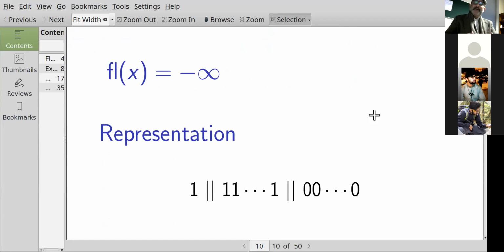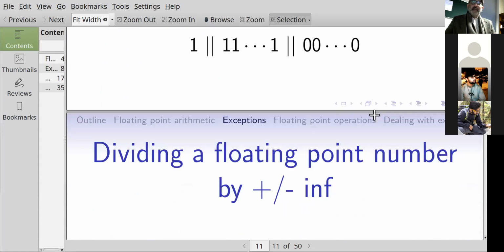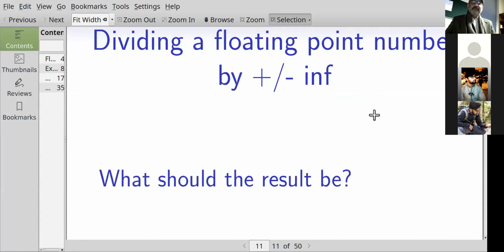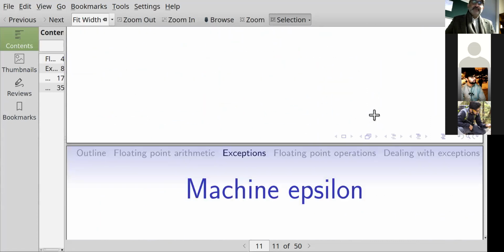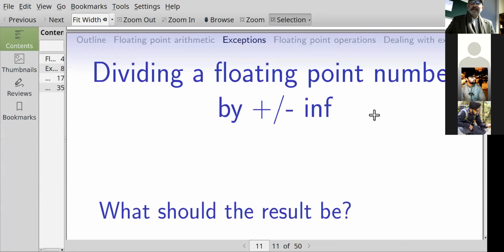There is a way of storing the idea that you have exceeded the maximum possible number or you've gone below in the other direction. Okay, so there's a way of coding that. If you divide a floating point number by plus or minus infinity, what should be the result? Well, probably the result should be you've done something silly. Maybe there should be a flag for you if you've done that.